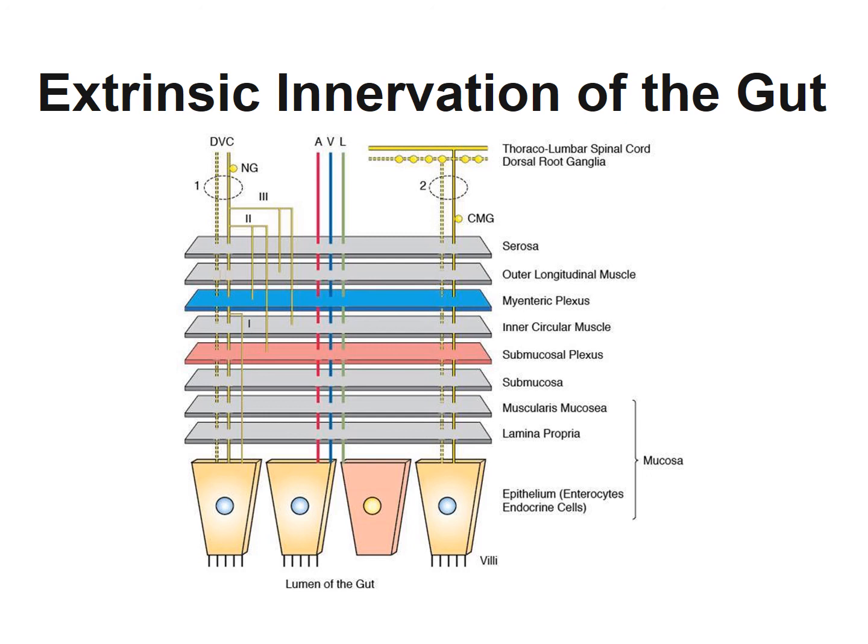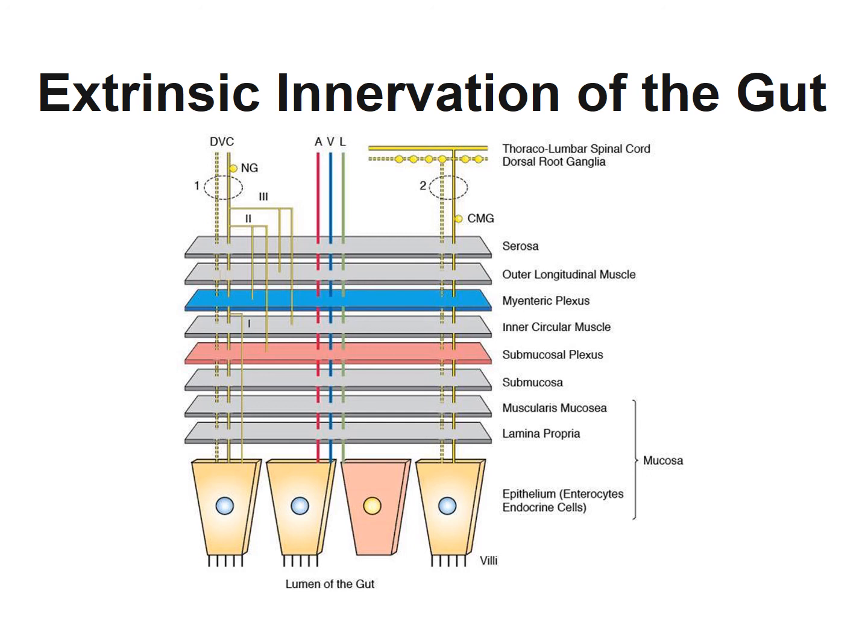These neurons reach a ganglia we call the Celiaco-Mesenteric Ganglia, or the CMG in this diagram. The CMG is the ganglia that contains the second order neurons of the sympathetic innervation of the gut, which is the splanchnic nerve.